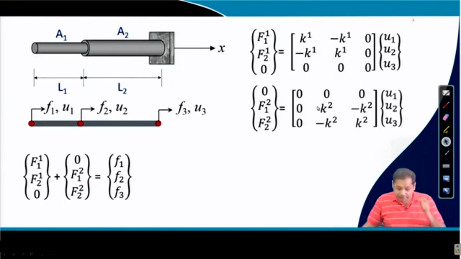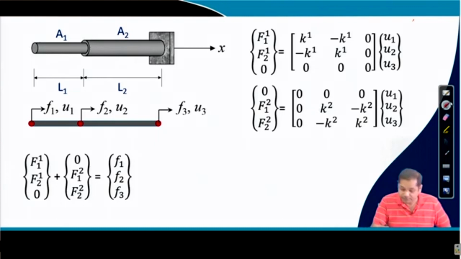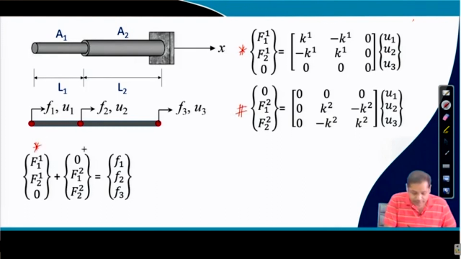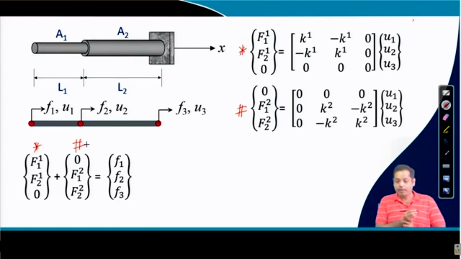Now if we combine them, you see this is essentially this, and this is this. Okay. Now if we combine this, then what will happen? If we combine this plus this, then what we have is like this.